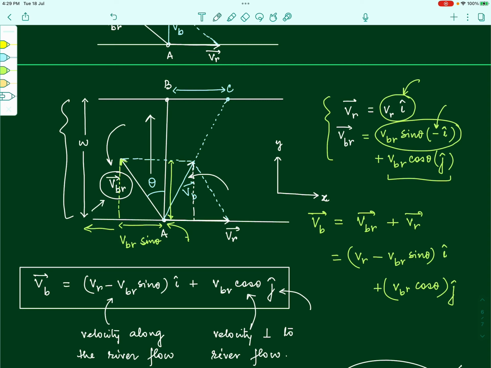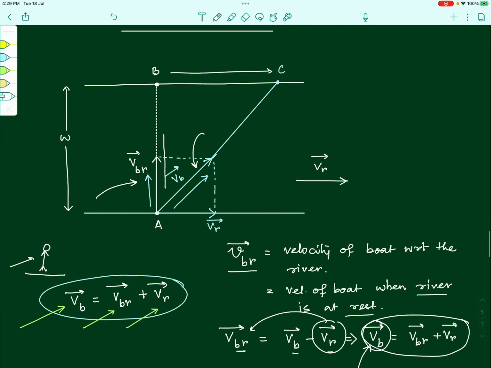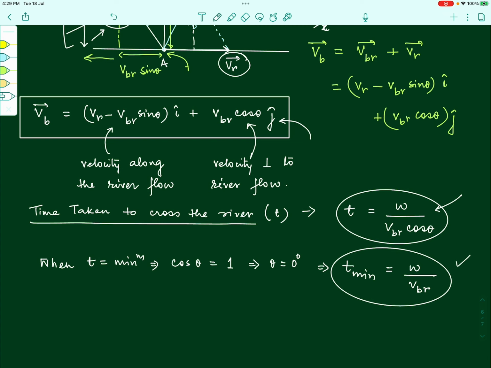So, some part of this VBR is lost in compensating for the river's flow. Just to oppose the flow of the river, some part of the boat's velocity with respect to the river is lost, and only a part of it is used to cross the river. Whereas, in this case, where you simply row your boat along AB, all the boat's velocity with respect to the river is taking the boat across the river. It is helping the boat cross the river. So all the VBR is used just to cross the river, and hence the river is crossed with the minimum possible time. Okay. So just keep this particular case in mind.